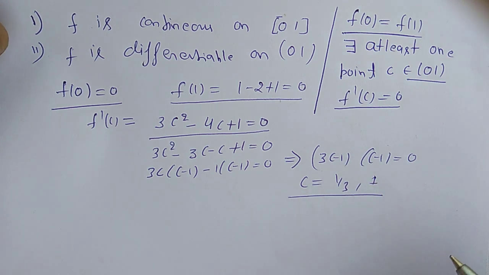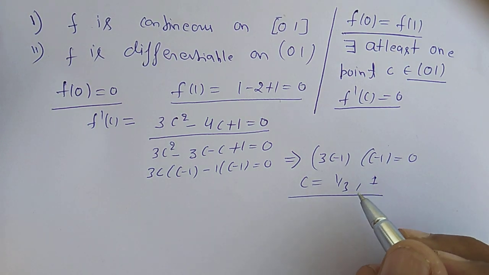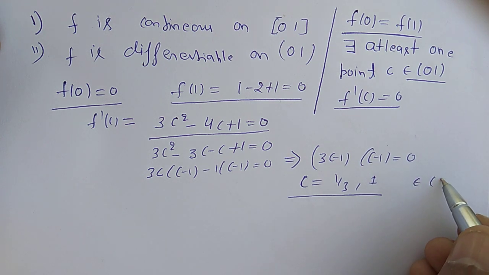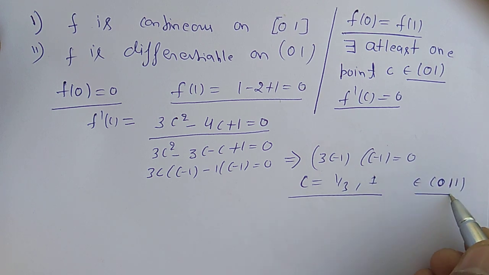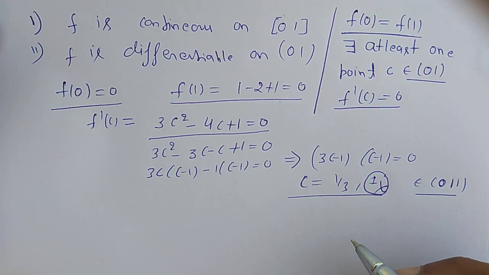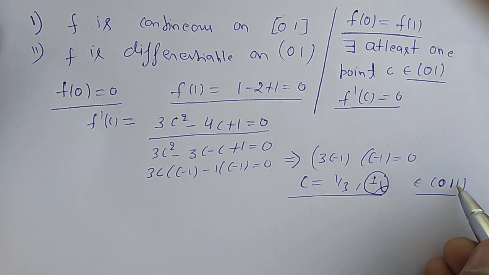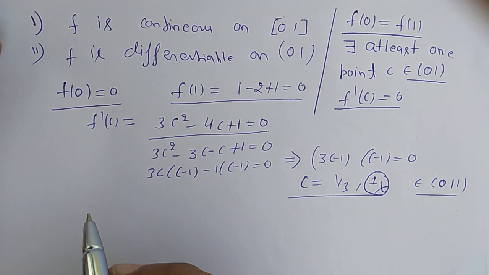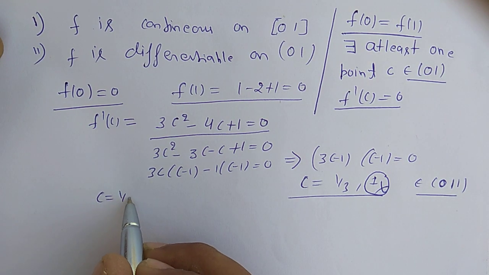Fine, 1 by 3 and 1. Now this c should belong to open interval a b, where a equal to 0, b equal to 1. So this point we won't consider because this is x equal to 1. Your c should be an interior point, not a boundary point. So c equal to 1 by 3.